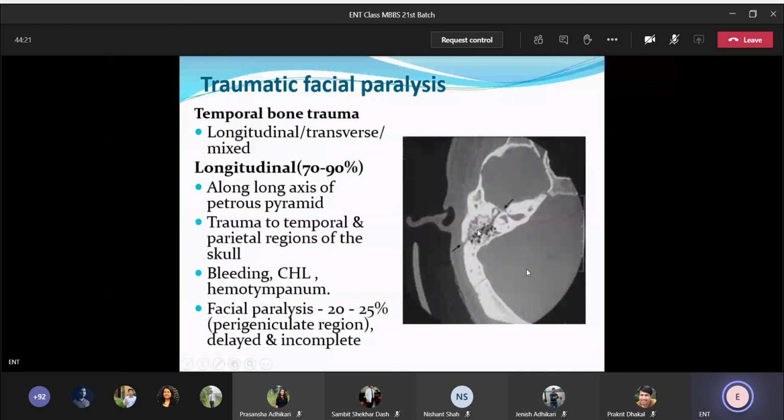So it involves this is the parietal, this is the temporal, and there will be bleeding, conductive hearing loss, hemotympanum in the ear, and there is a 20 to 25% chance of facial nerve paralysis in the perigeniculate region, delayed and incomplete. So if there is a hematoma in the middle ear, that compresses the facial nerve and that causes the facial nerve palsy if the fallopian canal is dehiscent.